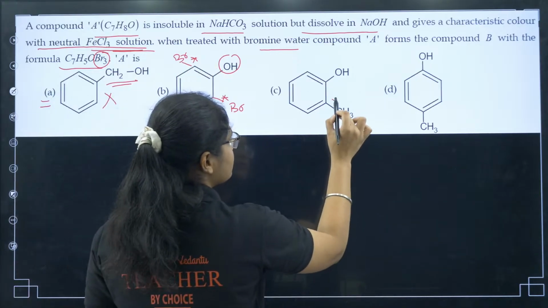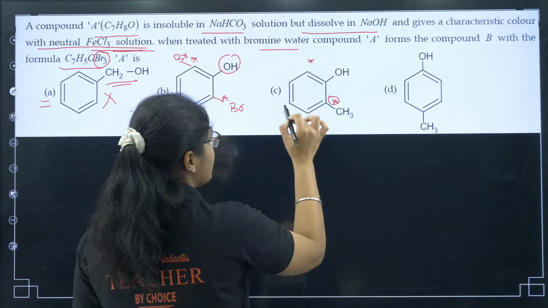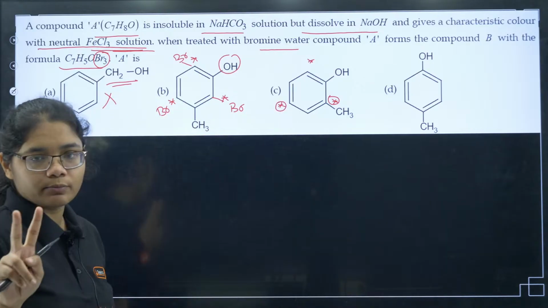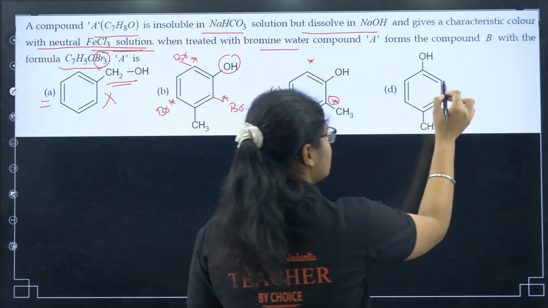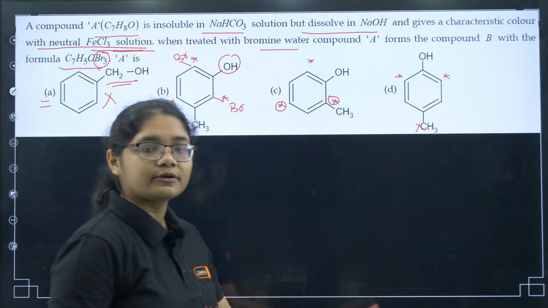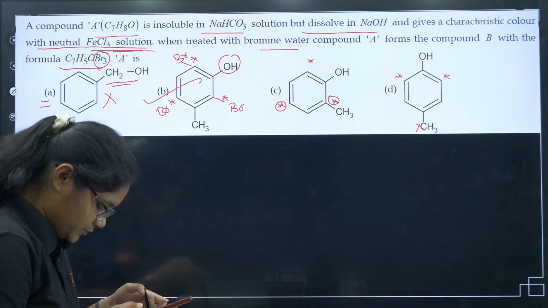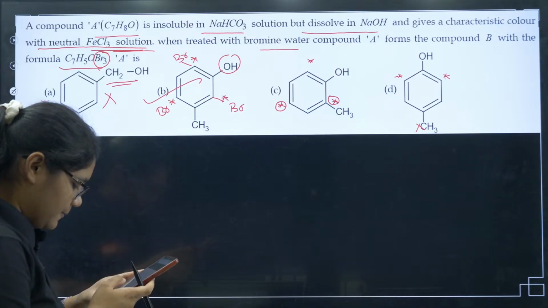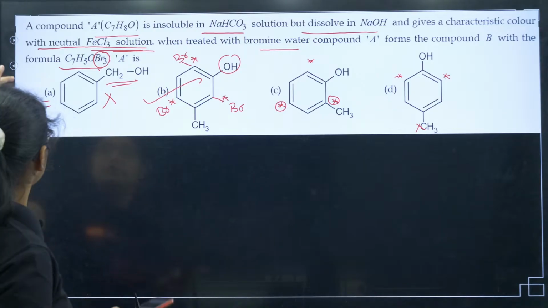Here, the ortho position is blocked, so there will be one bromine here and one bromine here. So I will get a 2-bromo product, but in the question it is given that a 3-bromo product is formed. Similarly here, I will get bromine at these 2 positions but not at this position because it is already blocked. So C and D cannot be the answer. The answer has to be option B. So it is B, everyone, please correct it.